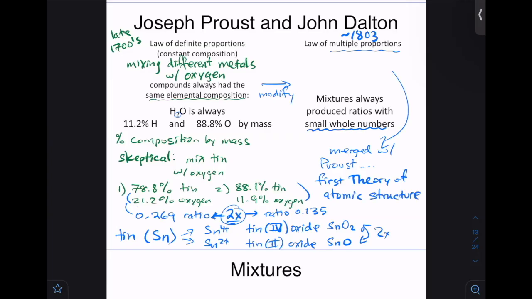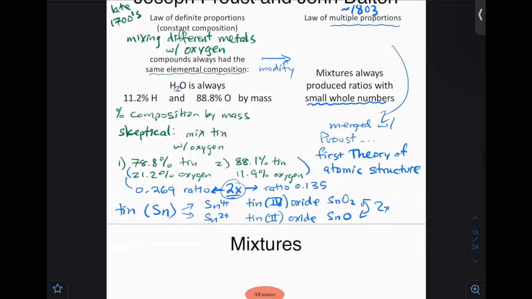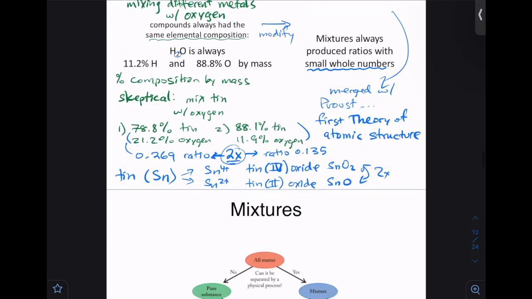In fact, it was from that work that we have the word atom, right? Part of Dalton's theory was that these elements interact in ways that give us these small whole numbers, I should say, right? And his theory basically says that these elements, like tin and oxygen, are composed of atoms.